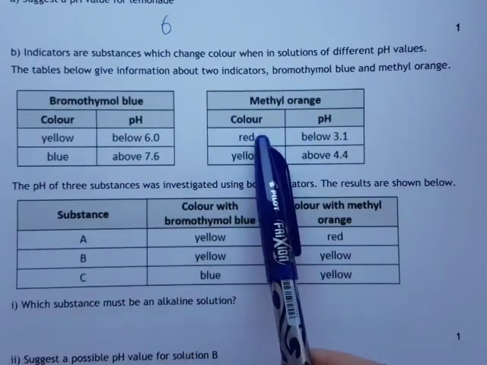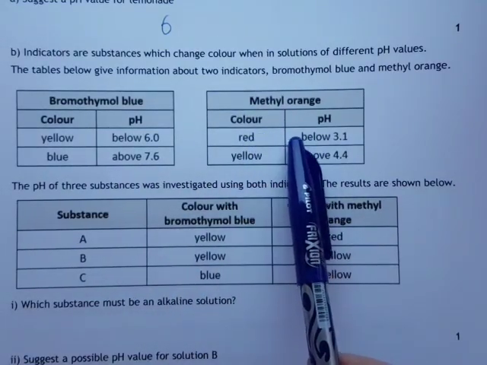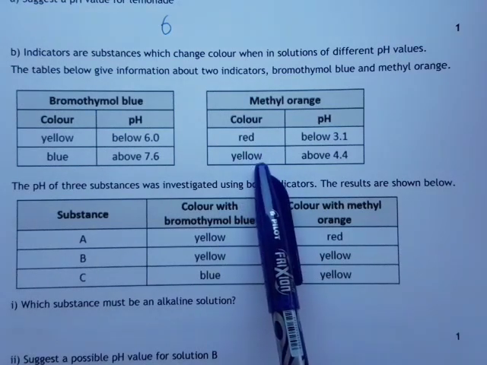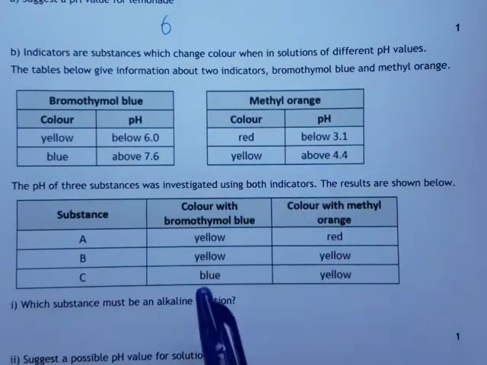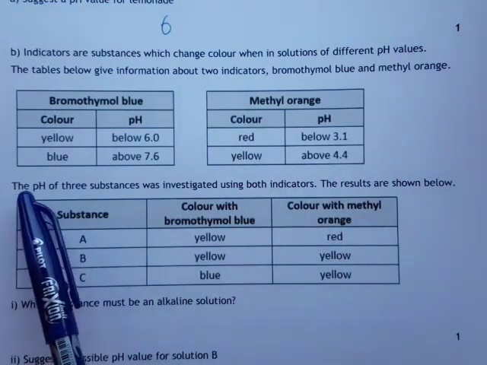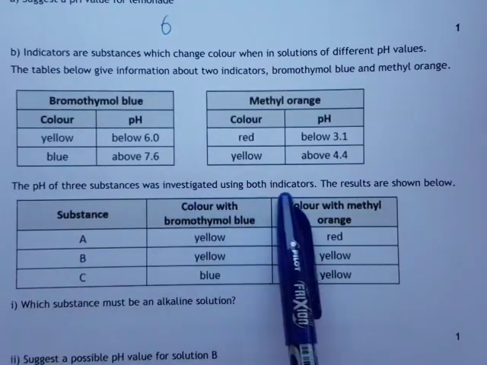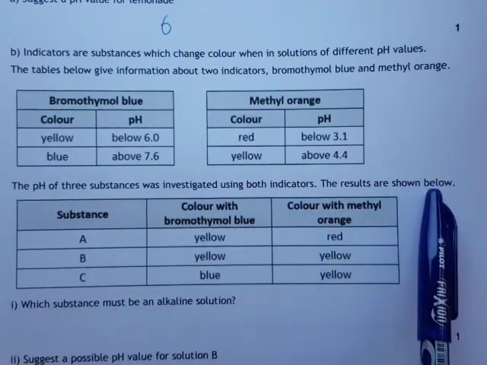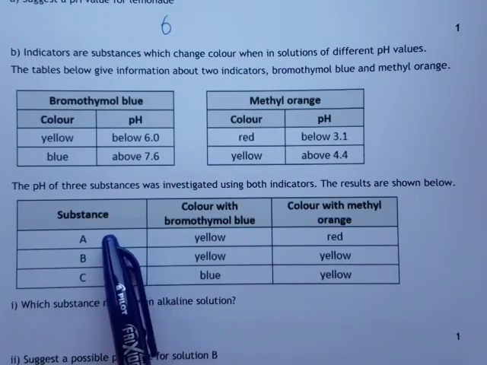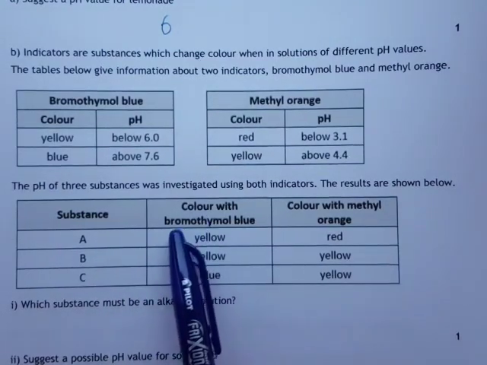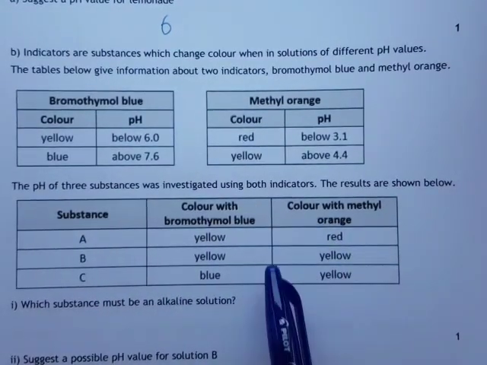Methyl orange, the colour would be red if the pH is below 3.1, and the colour would be yellow if the pH is above 4.4. So the pH of 3 substances were investigated using both indicators. The results are shown below. So you've got substance A, B and C, and you've got different colours with the different indicators.